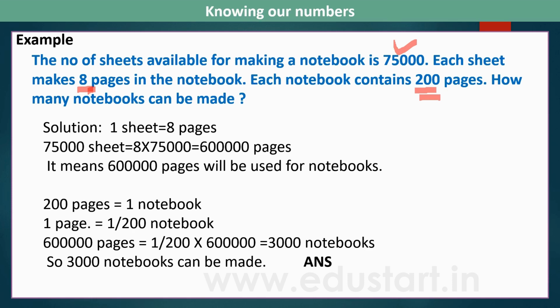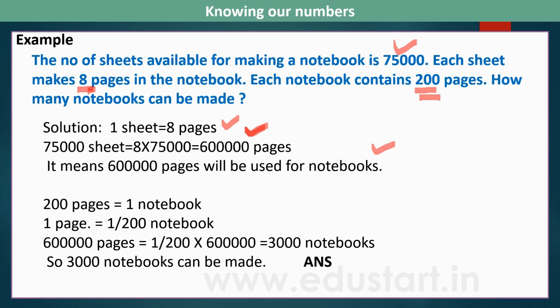Now let's go through the solution. The same thing is implemented here. One sheet is equal to 8 pages. Now what is the total number of sheets? 75,000. So 75,000 sheets will contain how many pages? 75,000 into 8 is equal to 6 lakh pages. So it means that 6 lakh pages will be used for notebooks. This is clear?